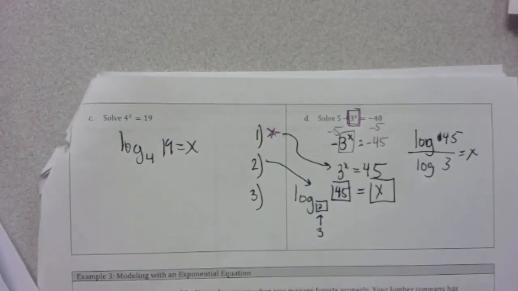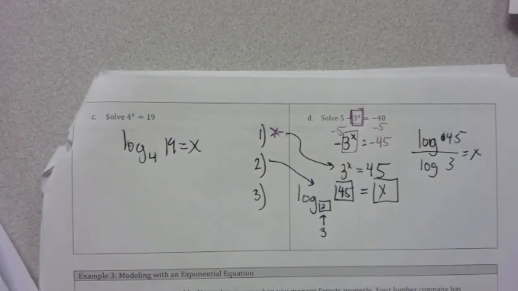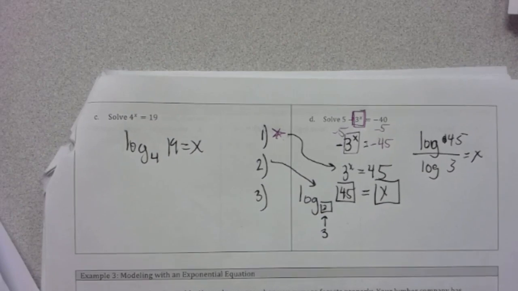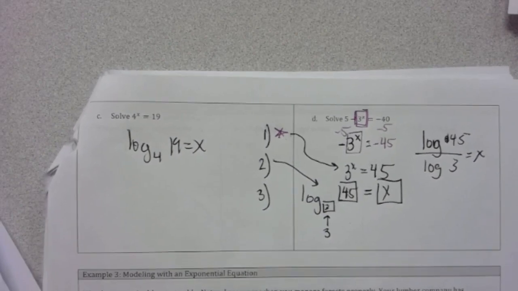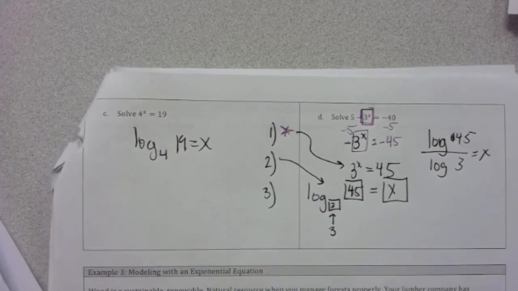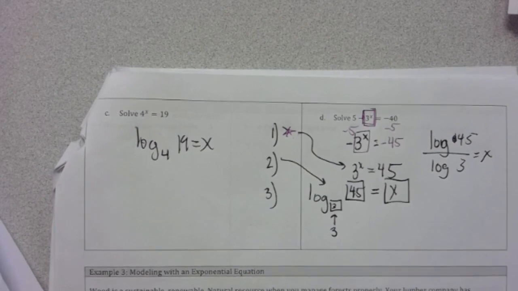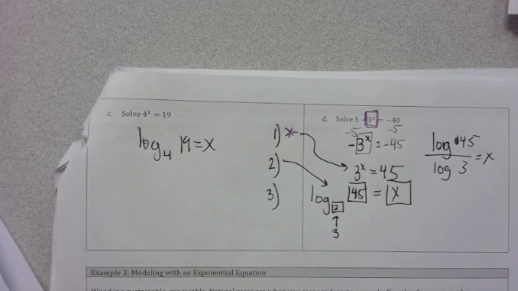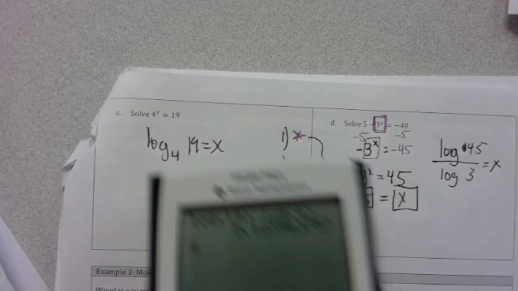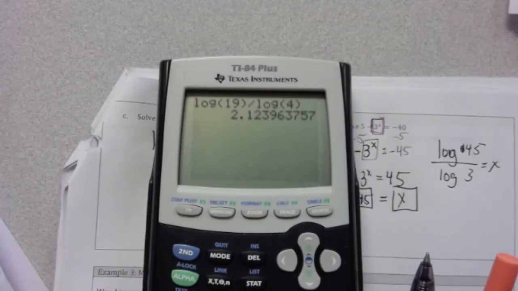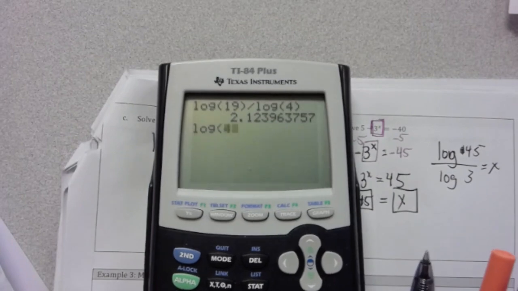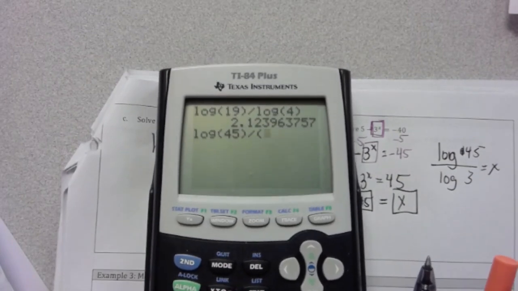X equals 3.4650. Actually, we'll call it 465, and then a 0, if I'm rounding to 4 decimal places. Why do I need that 0 there?